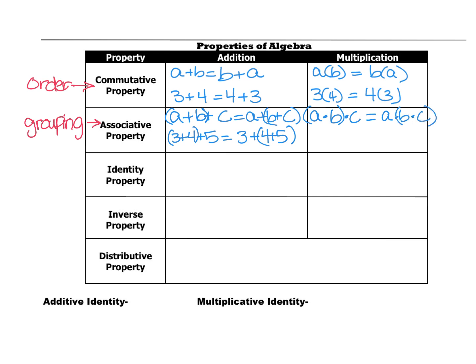All right, so let's do our numbers again. (3 times 4) times 5 is equal to then 3 times (4 times 5). All right, so 3 times 4 is 12. 12 times 5 is 60. And let's look at the other side. I would have to do the 4 times 5 first. 4 times 5 is 20, and 20 times 3 is also equal to 60.